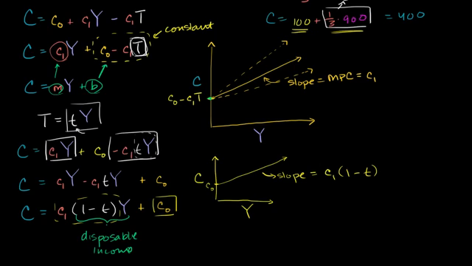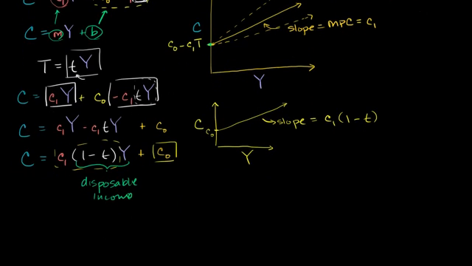Another option, we could set some other variable and say disposable income. Let me call it y disposable, equal to 1 minus t times y. It's essentially equal to this business right over there.